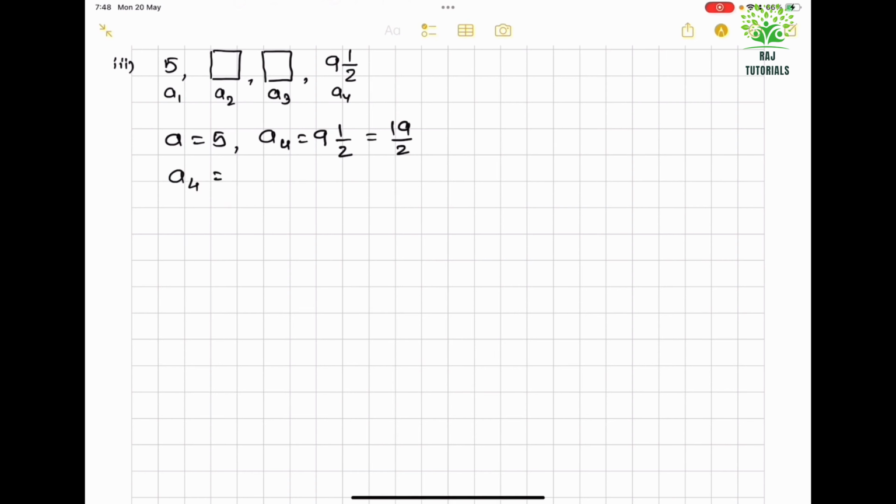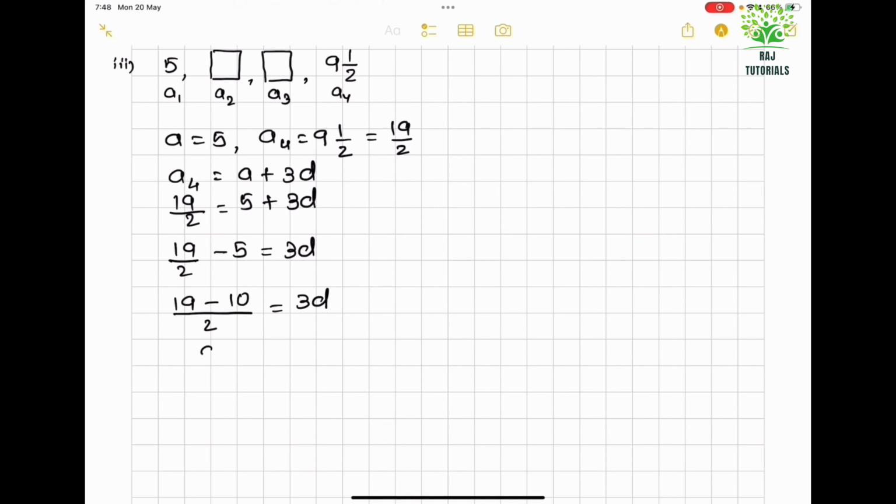Now A4 will be A plus 3D. 19 by 2 equal to 5 plus 3D. 19 by 2 minus 5 equal to 3D. So 19, doing LCM, 19 minus 10, 3D. 9 by 2, 3 is in multiplication, so here it will be in divide. 3 ones are 3, 3 threes are 9, equal to D. So D will be 3 by 2.